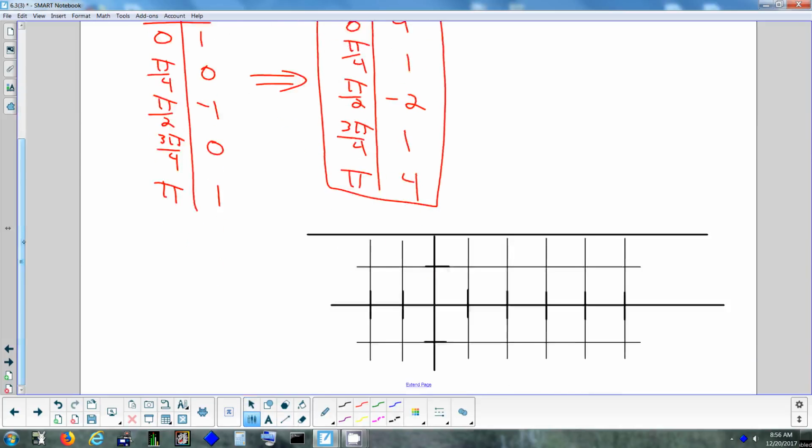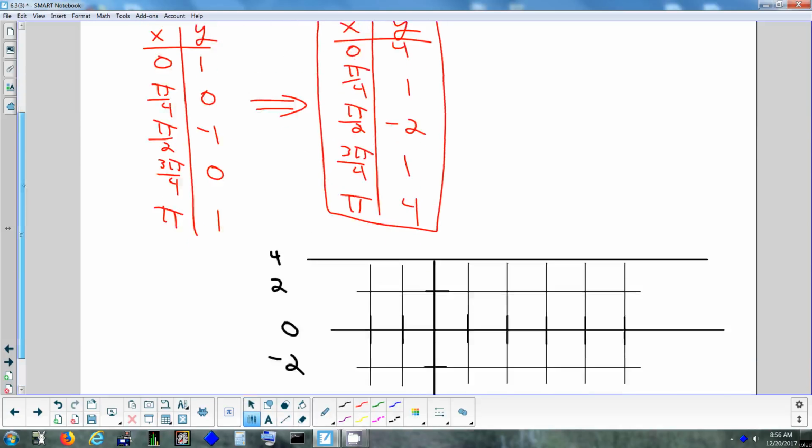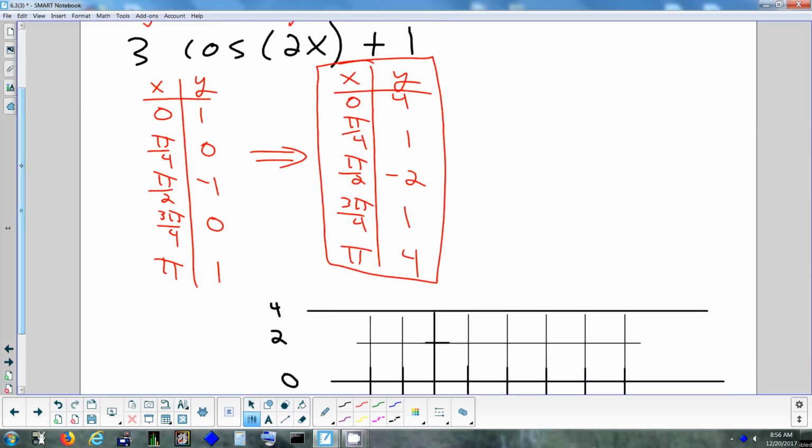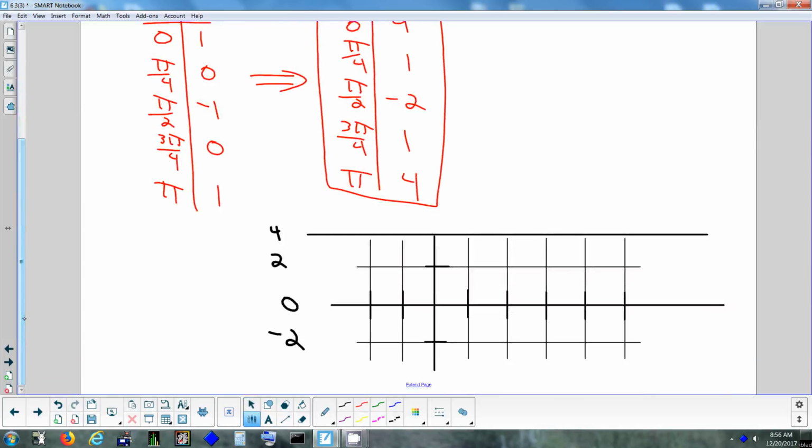All right, so we've got 0, 2, 4, -2. X's, I don't need any negative labels, but I just have to go from 0 to pi, and they're all equally spaced. That's 0, 45, 90, 135, 180. All right, so let's put those labels in.